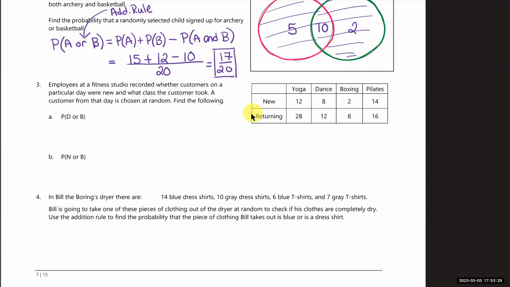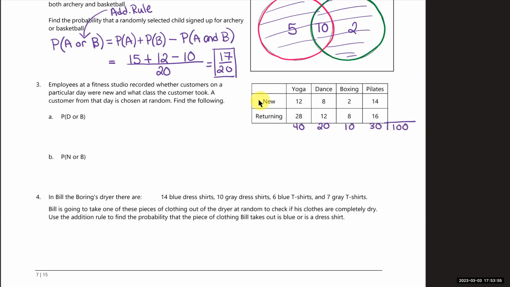Of the people they kept track of, yoga, that looks like 40 people went to a yoga class. 20 people went to a dance class, 10 people took boxing, 30 people took Pilates. And if I go across and add up all those people, that should be 100. So they kept track of 100 people that day.